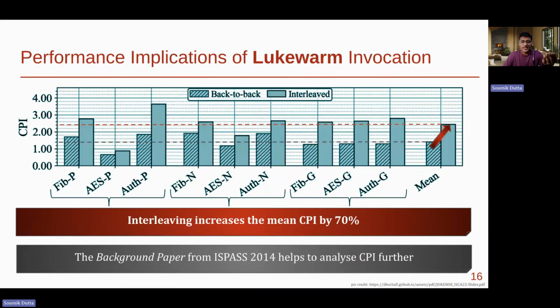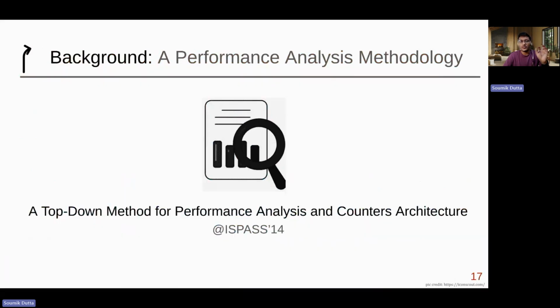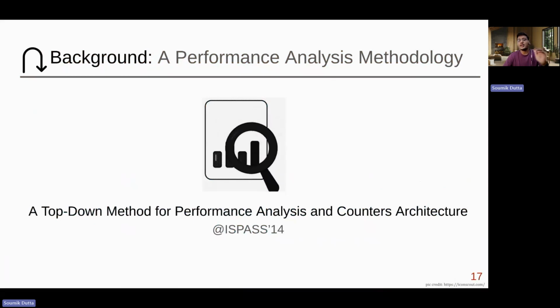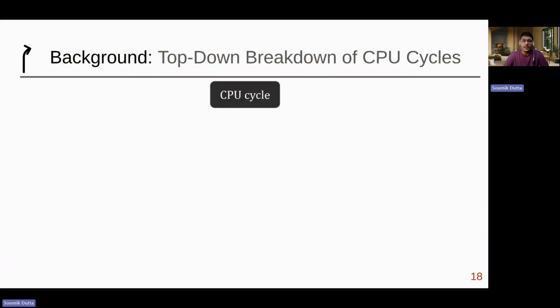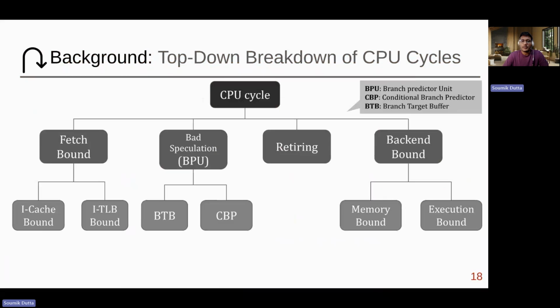To analyze this issue further, we will take help from the background paper of ISPASS 2014, a top-down method for performance analysis and counter architecture. According to this paper, CPU cycles can be categorized into 4 broad categories. First is fetch bound, which consists of instruction cache and instruction TLB bound CPU cycles.